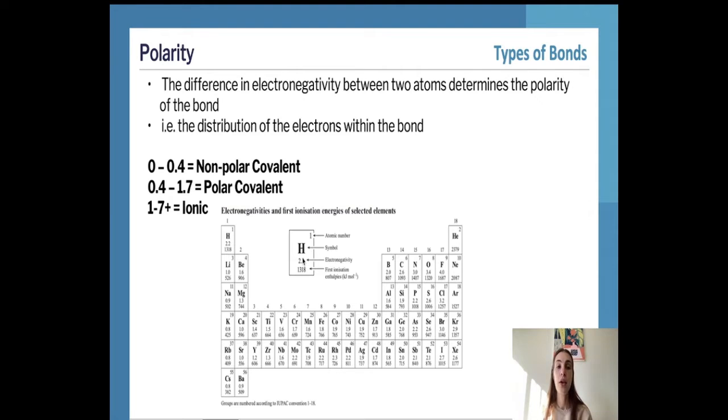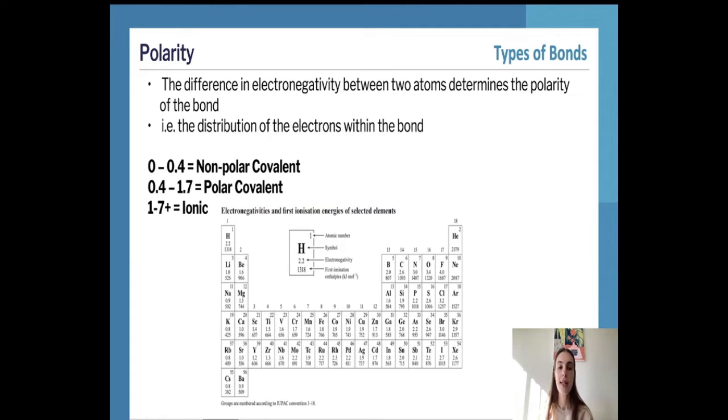Those are the electronegativities of each individual atom, and we can use them when we have a bonding situation in a particular molecule or compound. We can determine the difference between the electronegativities, and that can tell us whether the bond is going to be non-polar covalent, polar covalent, or ionic.